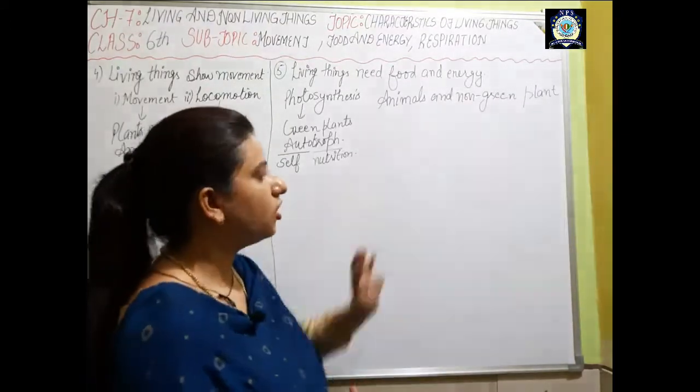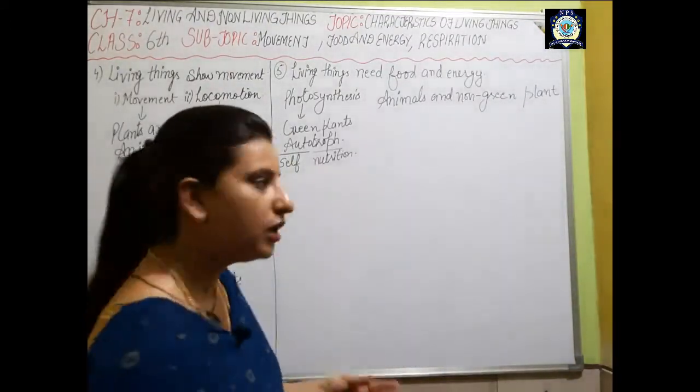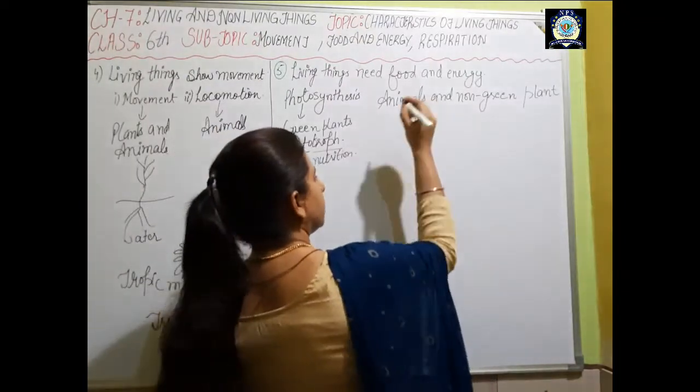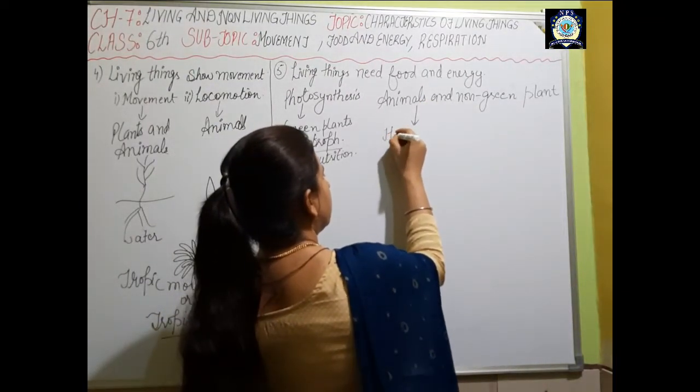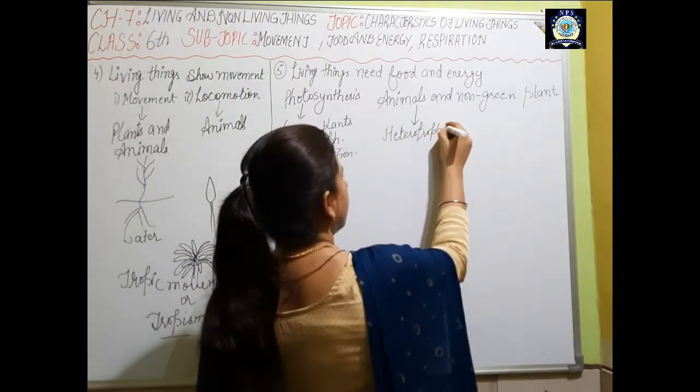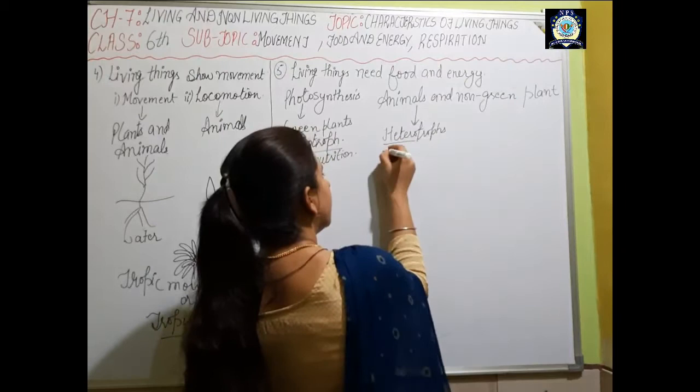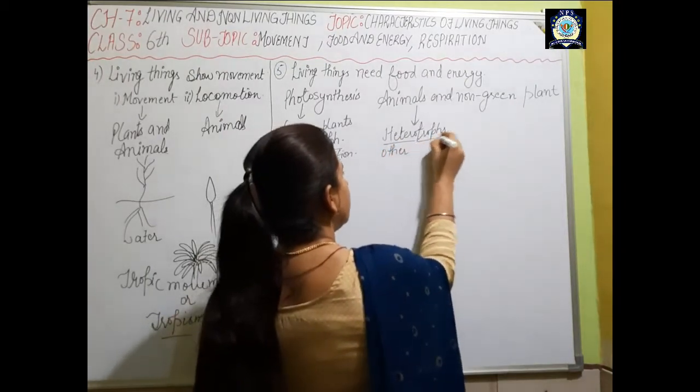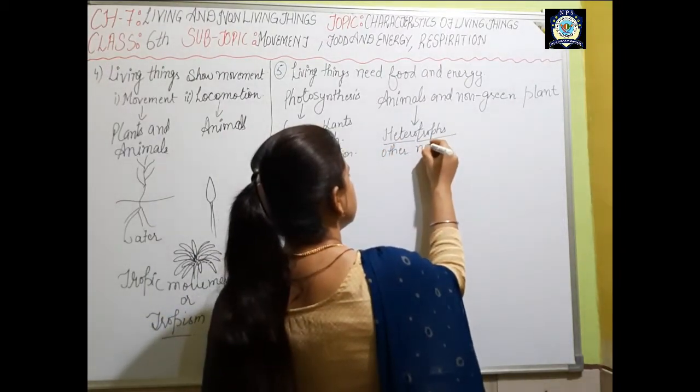So animals and non-green plants do not make their own food and they depend upon other organisms for food. So they are called heterotrophs. Again, hetero means other and troph means nourishment.